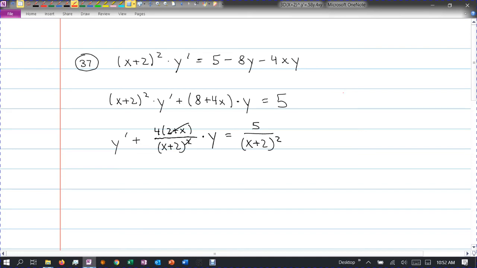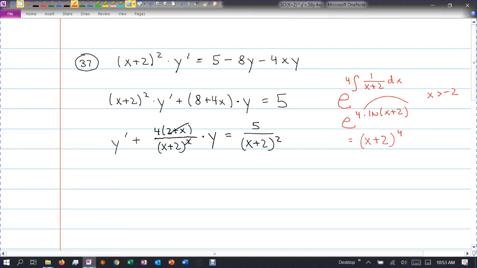Okay, so we're doing e to the integral of 4 over x plus 2 dx, like that. This is e to the 4 times natural log of x plus 2. That's valid as long as x is bigger than negative 2. And so the 4 is going to come up, and we're just going to get the e and natural log to cancel, so we're just going to get x plus 2 to the 4th.